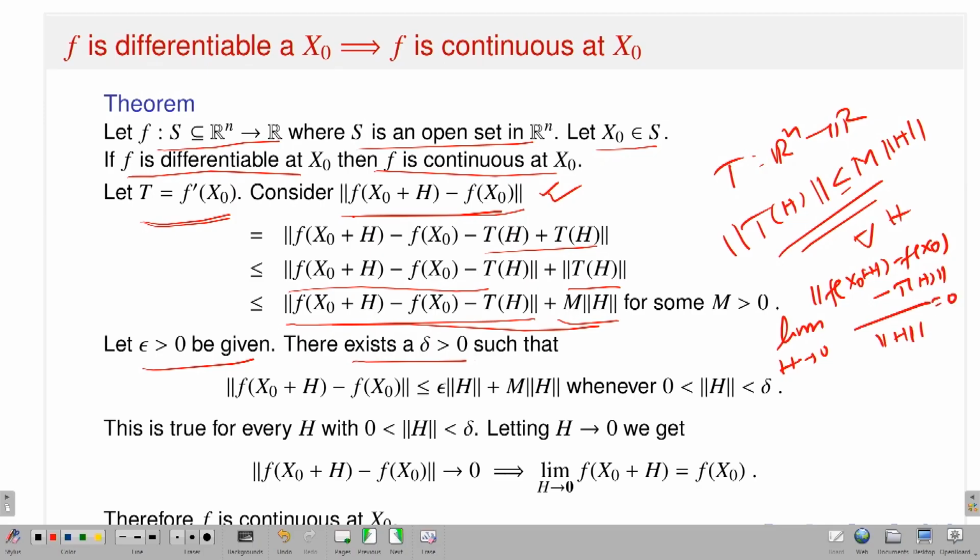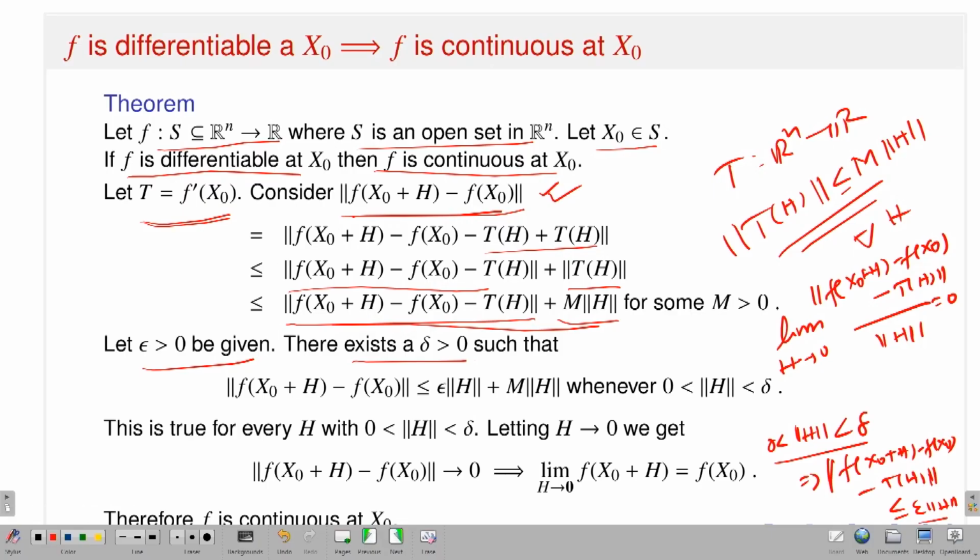Therefore, given epsilon, I have a delta such that if the norm of h is less than delta, then the norm of f of x naught plus h minus f of x naught minus T h should be less than epsilon times the norm of h, because of the definition of limit.